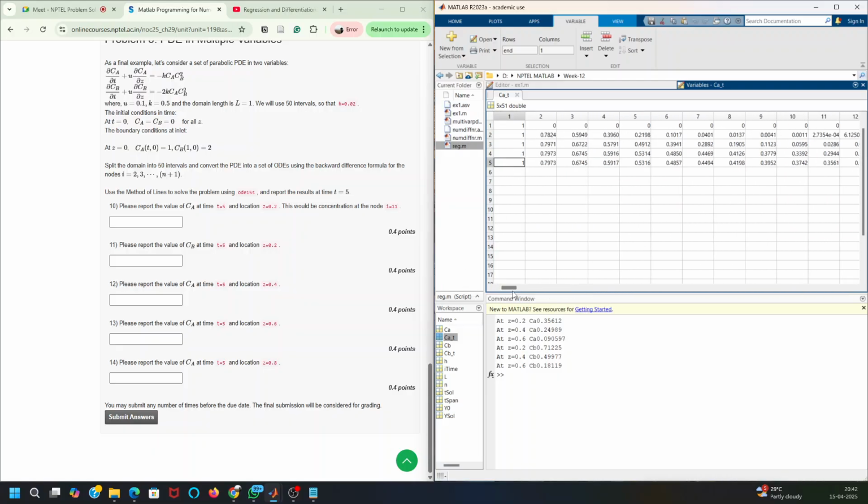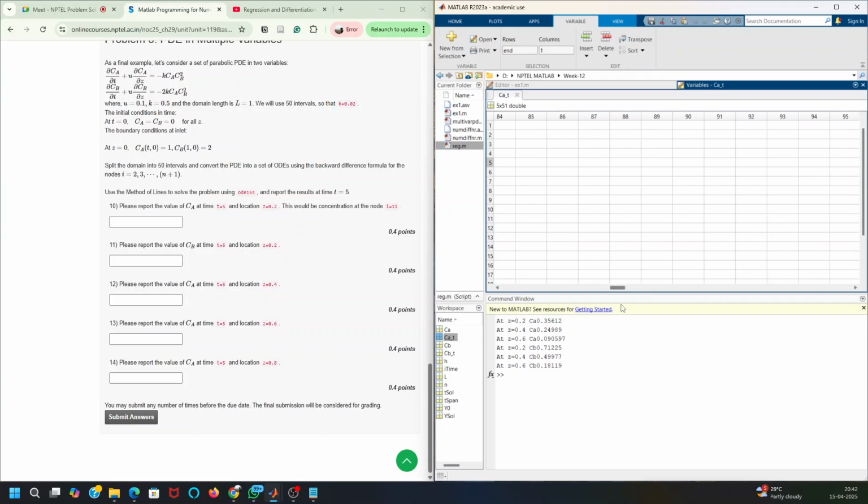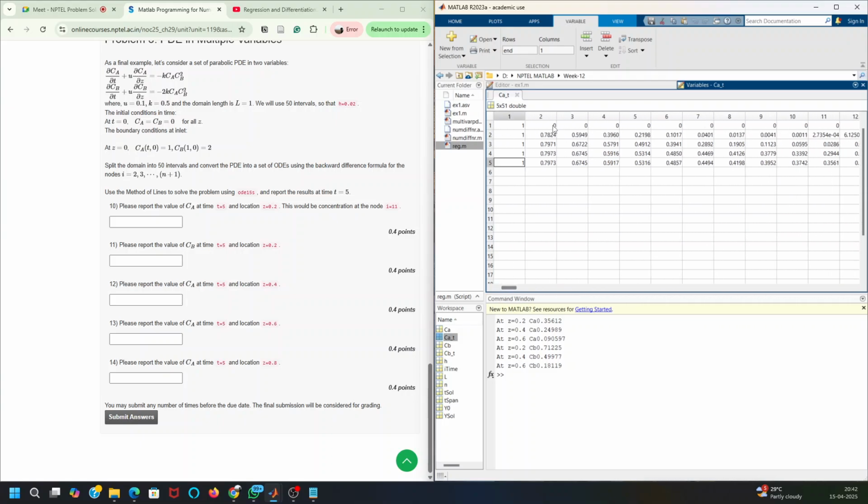And this is for time t equals 3, these are all my C. So this is for 0.002, 0.004, 0.005. So the 10th column is my concentration at 0.